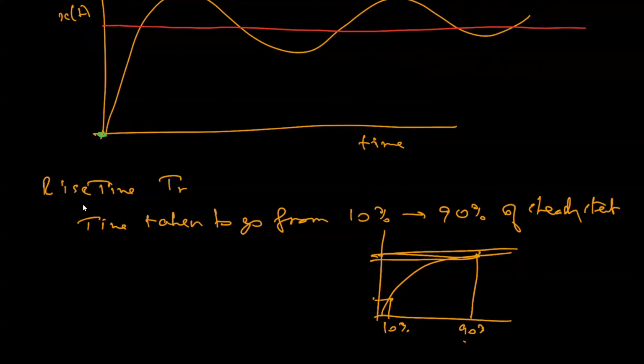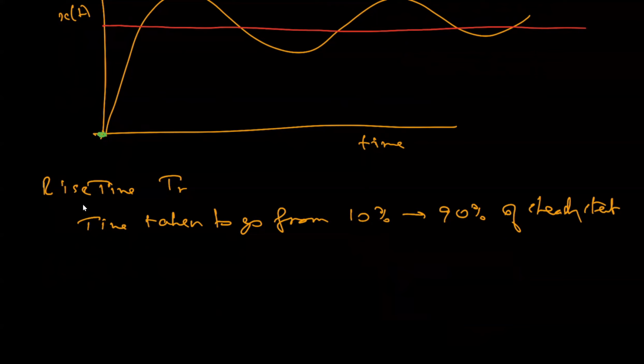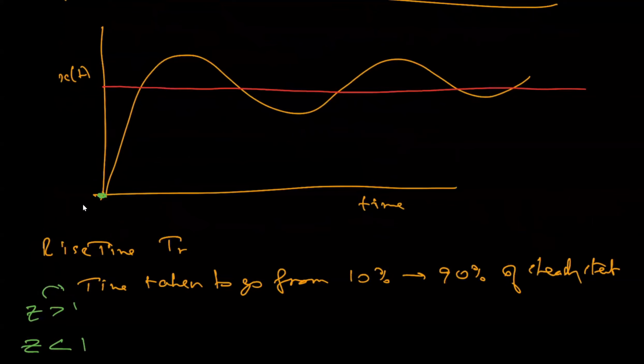For oscillation, it's not so easy. It's not so obvious what you would do. So in this case here is when zeta is greater than 1. Okay. If zeta is less than 1, then the thing will show damped oscillations.